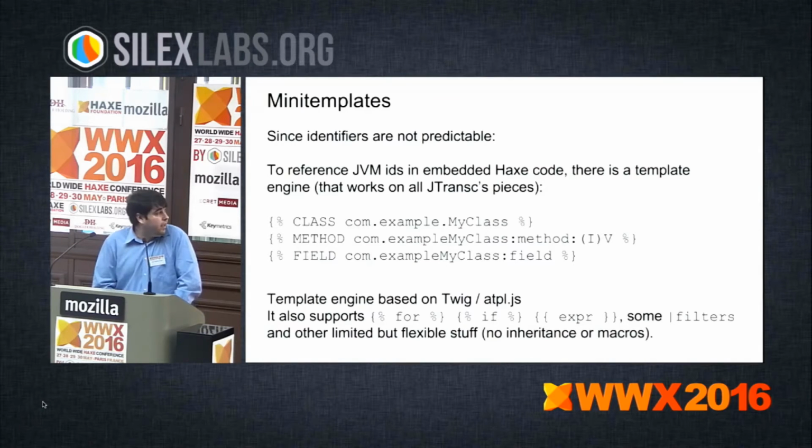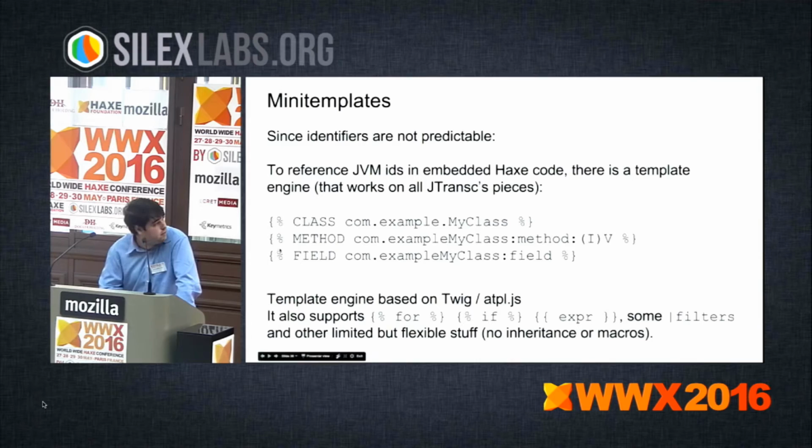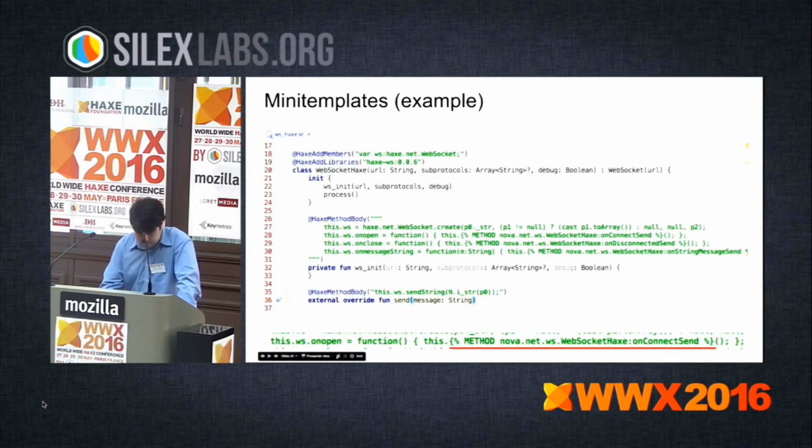So I created a mini template engine that looks like Twig. And with these tags, you can reference in Haxe body annotations, classes, methods, and fields, and it will work.